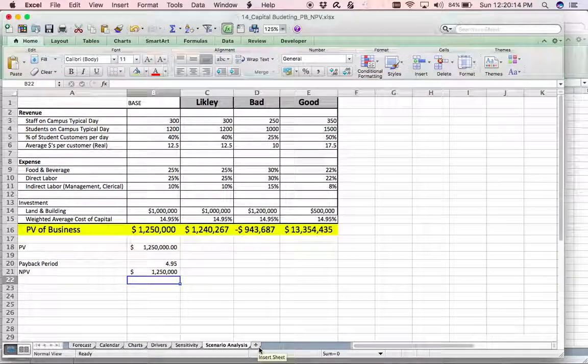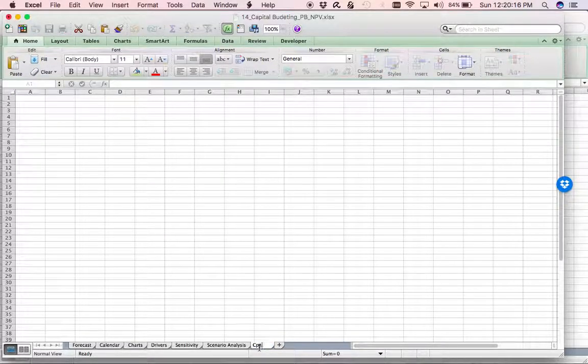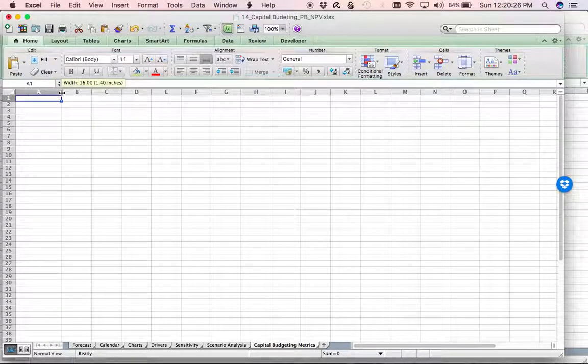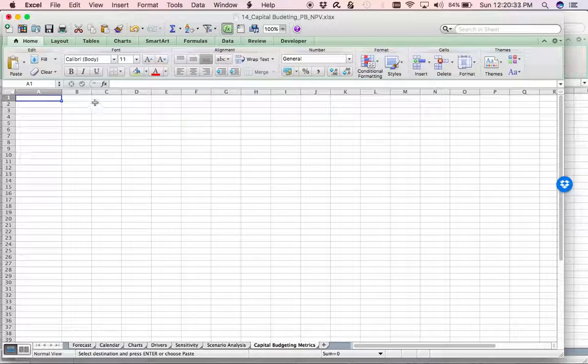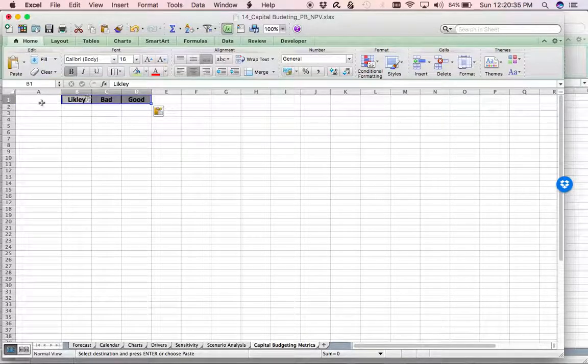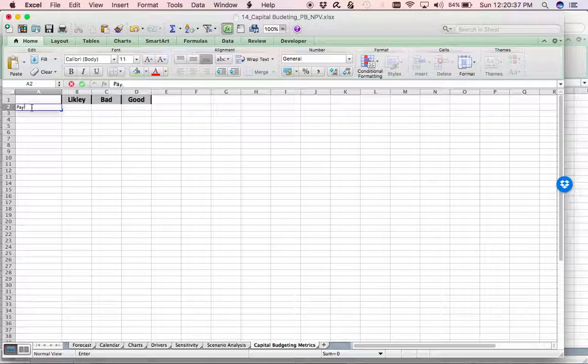And so we're going to create over here a tab called Capital Budgeting Metrics. And we'll just go ahead and use the likely, bad and good scenario labels that we already have. All right, and we're going to do a payback period. We're going to do an NPV, and eventually we'll do an internal rate of return.